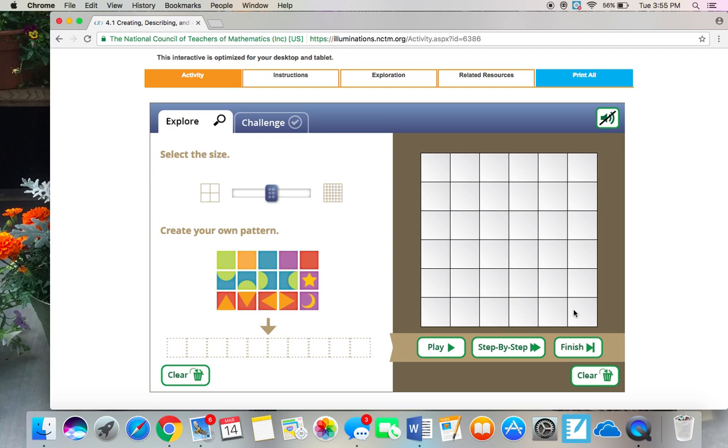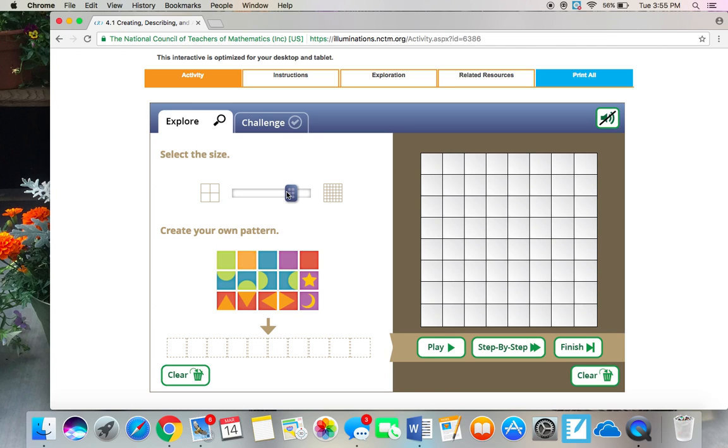You could also ask your students to make different patterns with different sizes. So what's going to happen if we start the pattern on a size like this, keep the pattern, and move to a grid whose squares are smaller? We're going to have a bigger pattern, essentially. What will happen to those patterns?